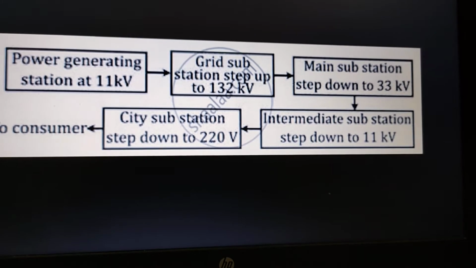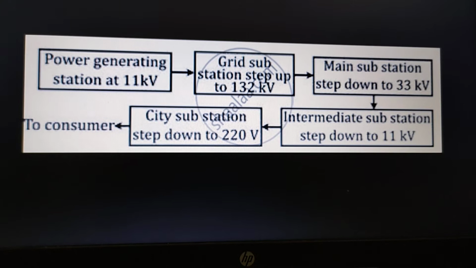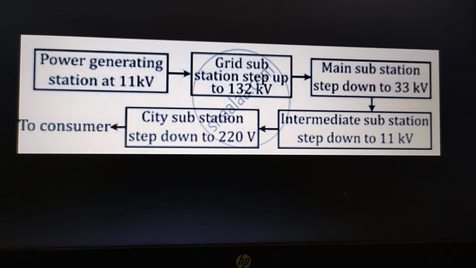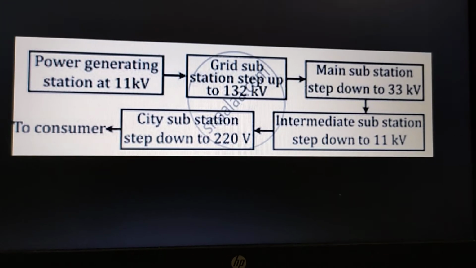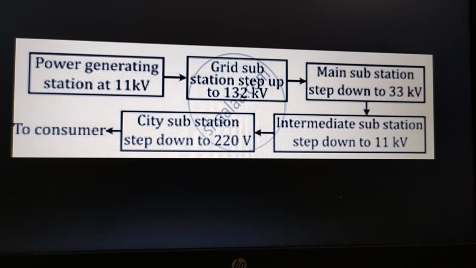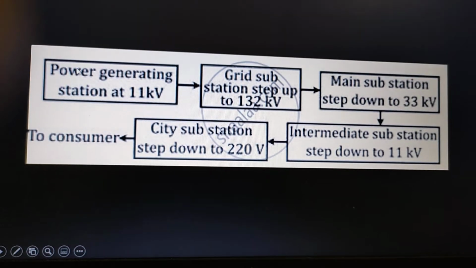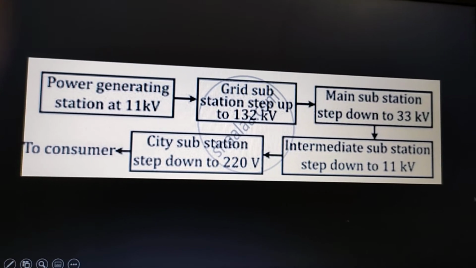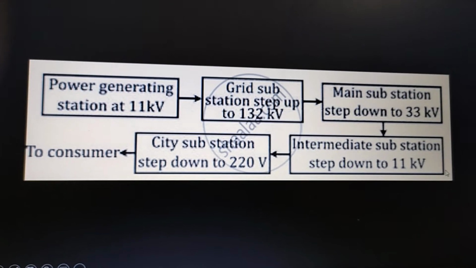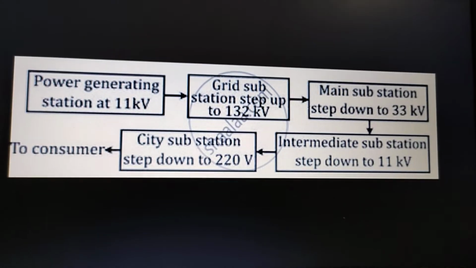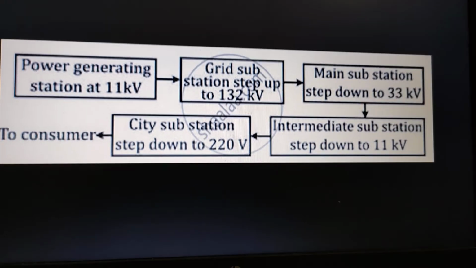Now you can ask me, ma'am, why is the city substation not directly connected with the power generating station? Now see, our human population is very large compared to industry. If every house, every locality took 11 kilovolt directly from the main, suppose Kolaghat thermal power station, providing 11 kilovolt to suppose 10 crore people, what a mess there would be.